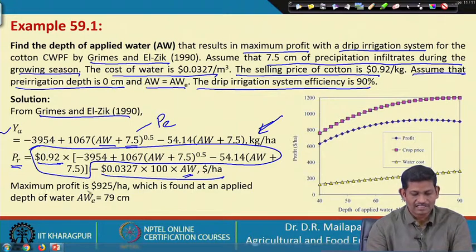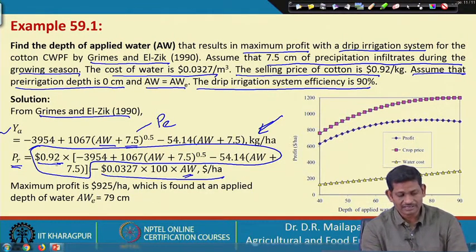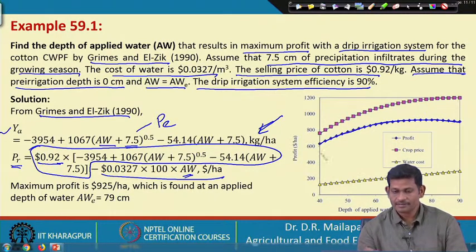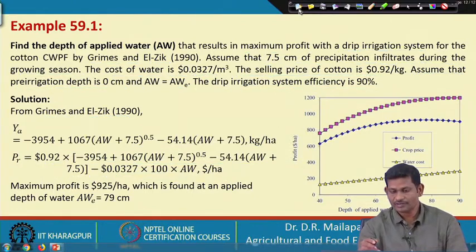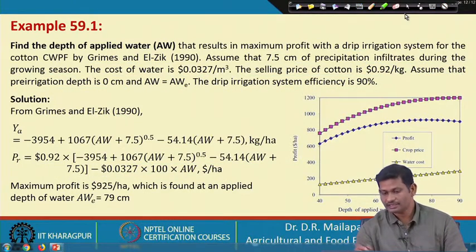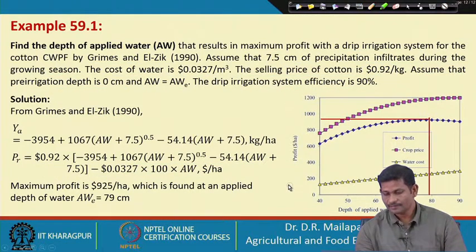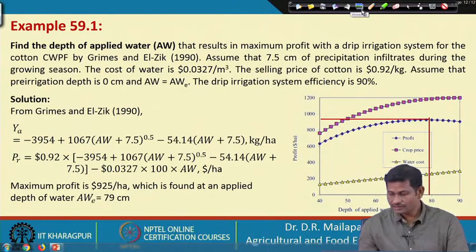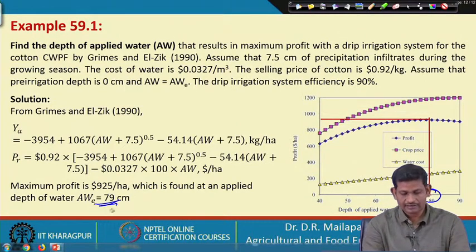So, the maximum profit. Using this equation, the profit function is drawn, and from the graph the maximum profit you get at about AW of 79 centimeter.